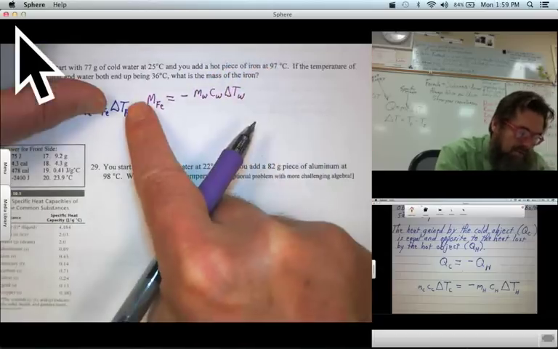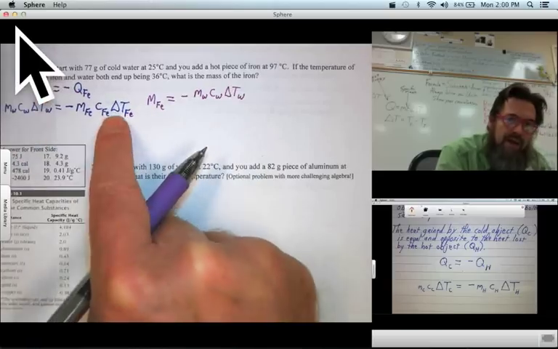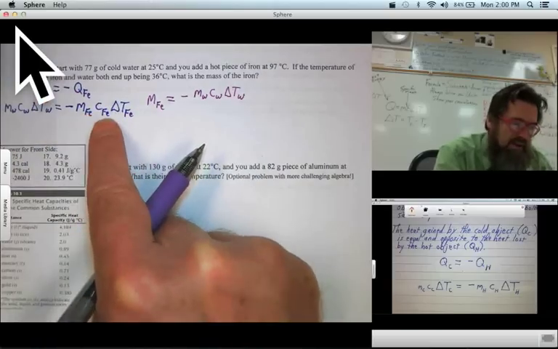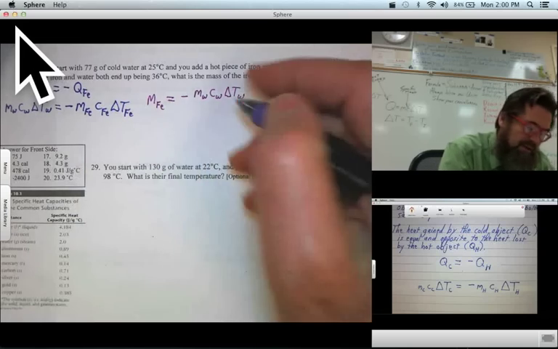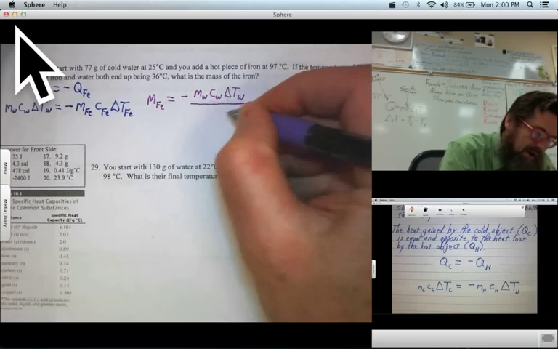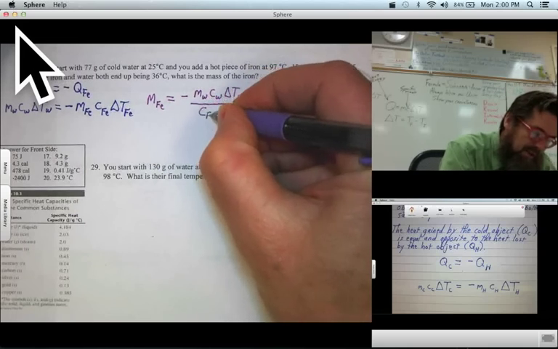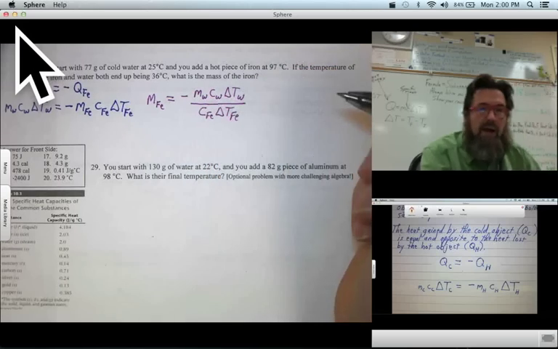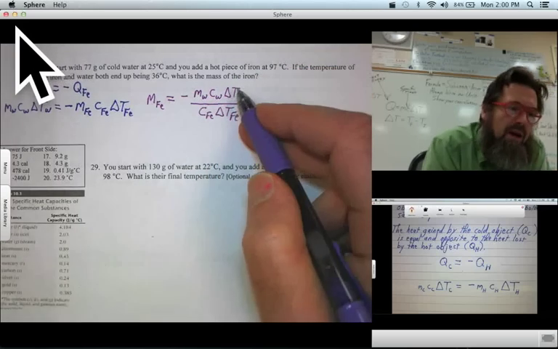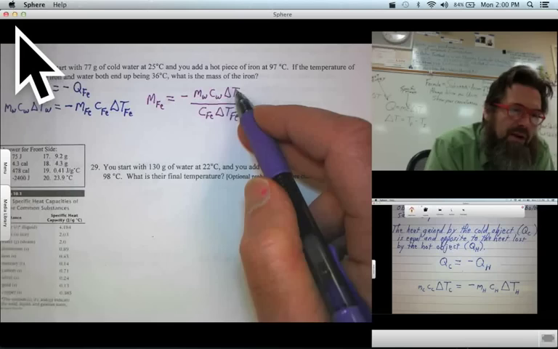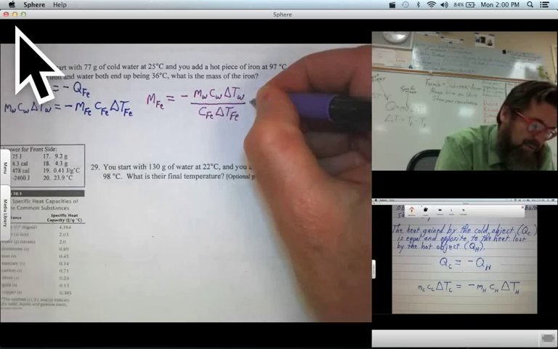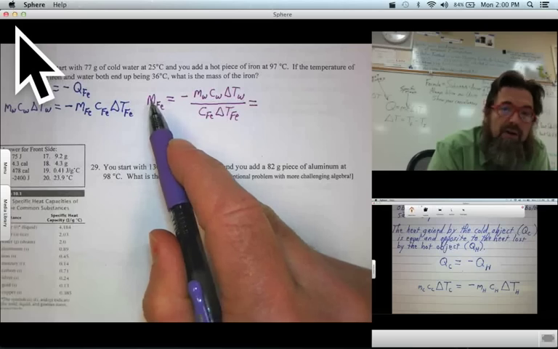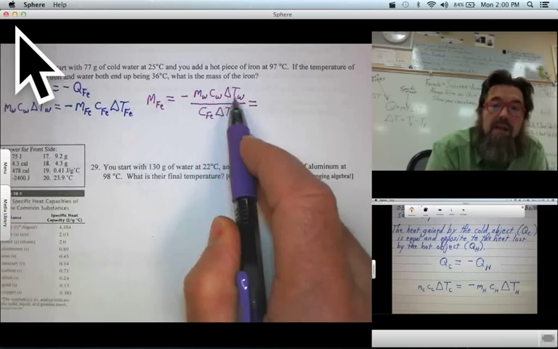And to get M of the iron by itself, we have to divide by C delta T of the iron. So divided by C Fe delta T Fe. Now, that's our algebra, and all we have to do is, since we've got the variable we're searching for here, the mass of the iron equals this, let's substitute.